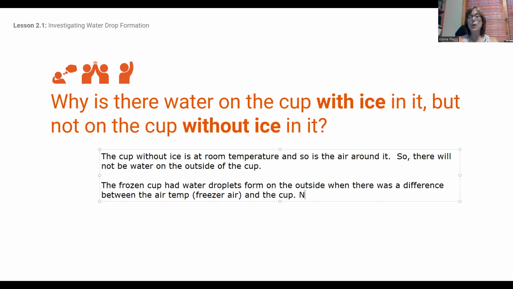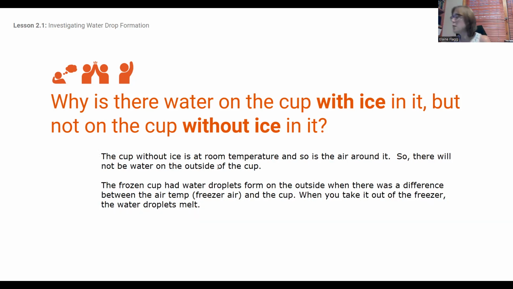And when you take it out of the freezer, the water droplets melt, thaw, right? They thaw or melt. So that's why the water droplets formed on that. And I have a really wet napkin now, and you can kind of see a few more water droplets at the bottom forming right here.